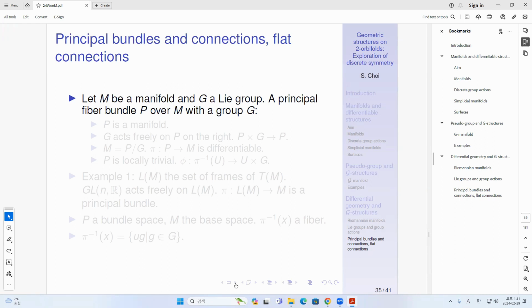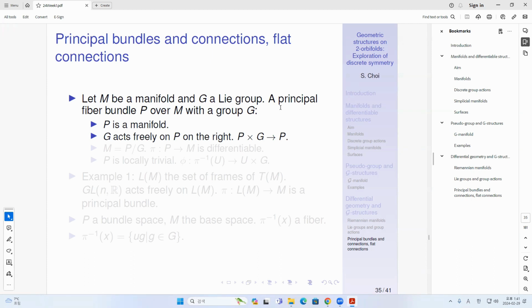So the principal fiber bundle P over M with group G is that P is a manifold and G acts freely on the right. It could be left, but this just says right. If you say left, then you'll have to change some discussions.